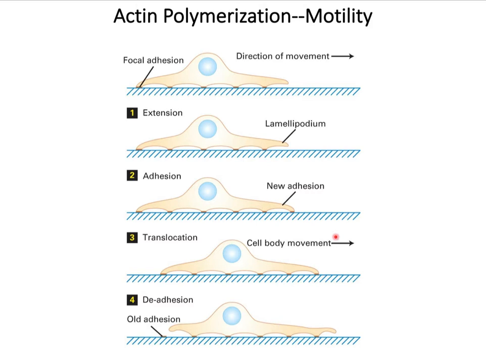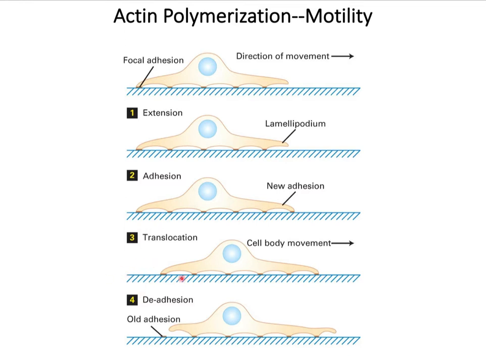And then you get the formation of a new adhesion between the cells and the extracellular matrix. You get the forward movement of the cell body. You can think of it as the body of the cell snapping forward, as shown in the translocation. Finally, you have the lagging edge or the rear of the cell that needs to have deadhesion, where you get the release of the cell from the matrix.